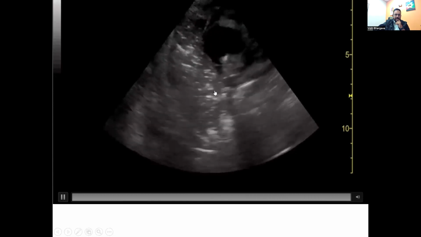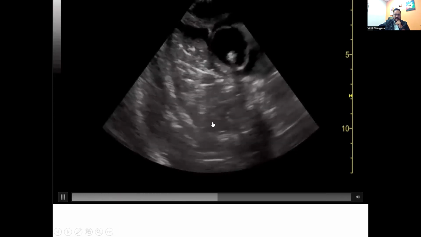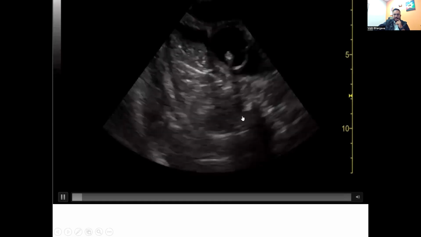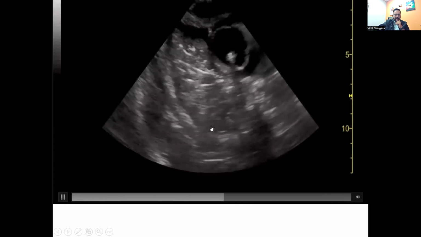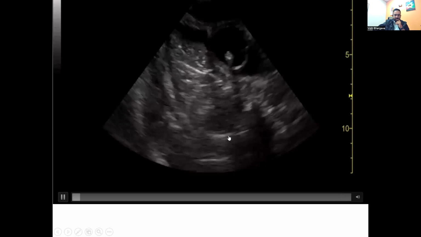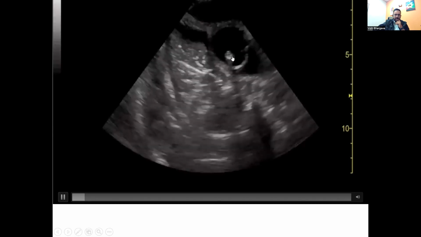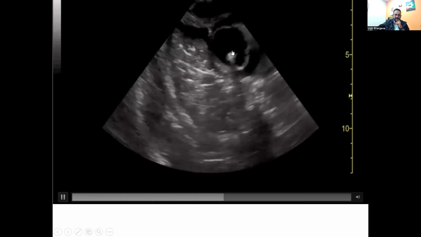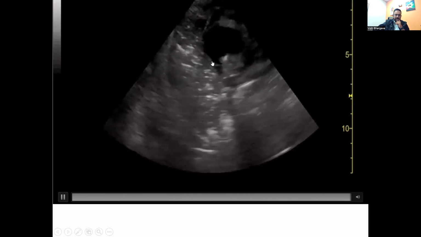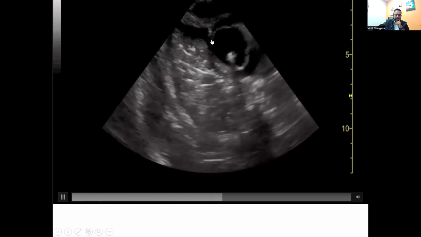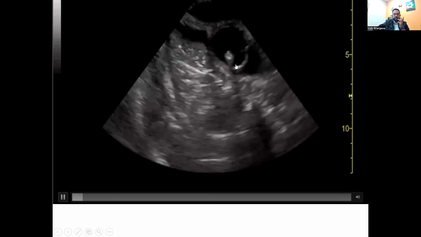There are a ton of air bronchograms here. There's maybe a small effusion underneath it that you could probably imagine. Here's the diaphragm. And then here's the right atrium with an echogenicity in the center. That's your venous or your VV cannula.